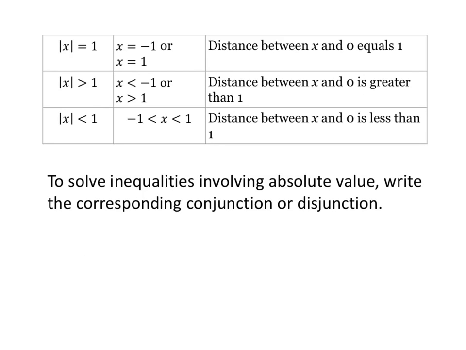When we start to solve absolute value equations and inequalities, we'll start looking at conjunctions and disjunctions. If we have an equal sign, then we know that the value within there is equal to one number or the other number, which means the distance between the number in this absolute value and 0 is exactly equal to that value.